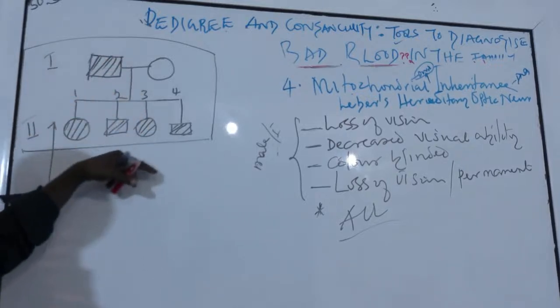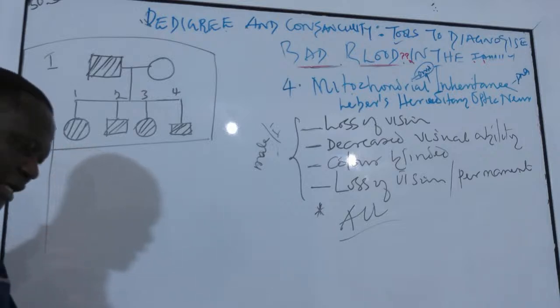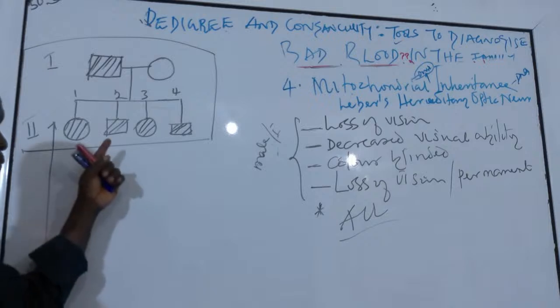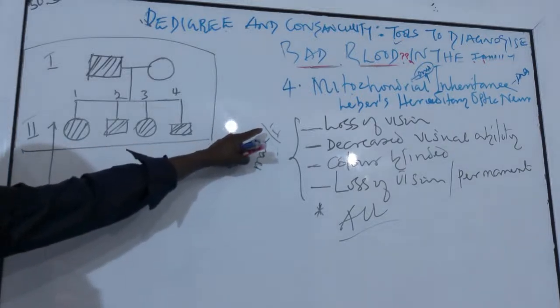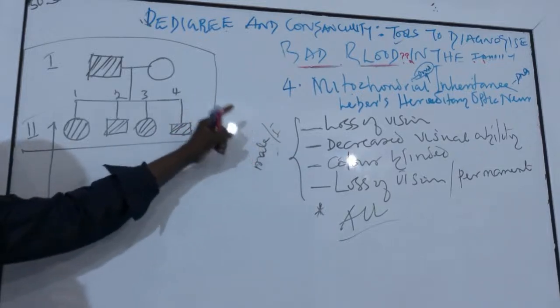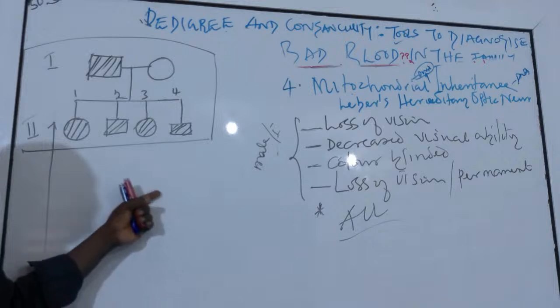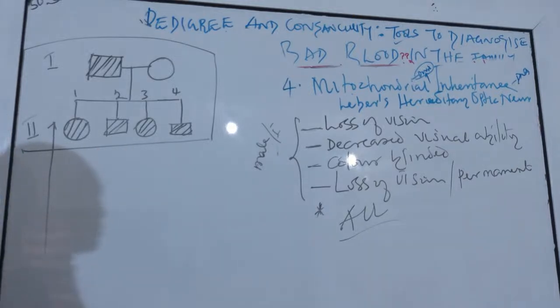All their children, for the next generation, will become impaired in vision, because the pattern of mitochondrial inheritance is going to continue and endure forever in that kind of family. So that is what you should know.